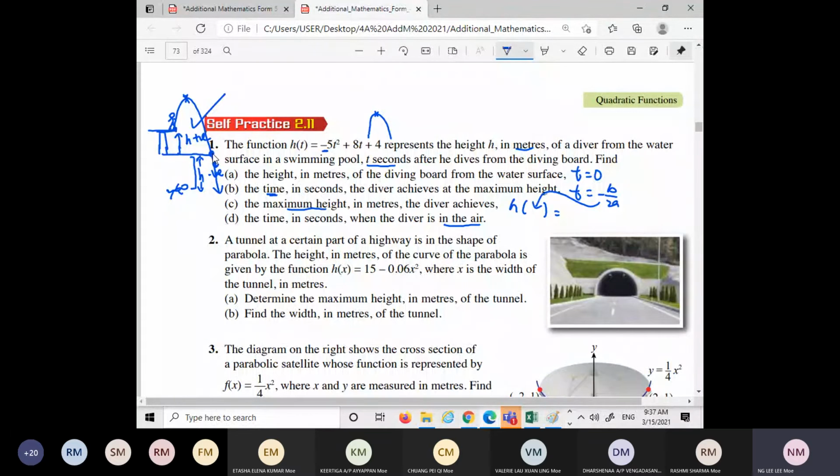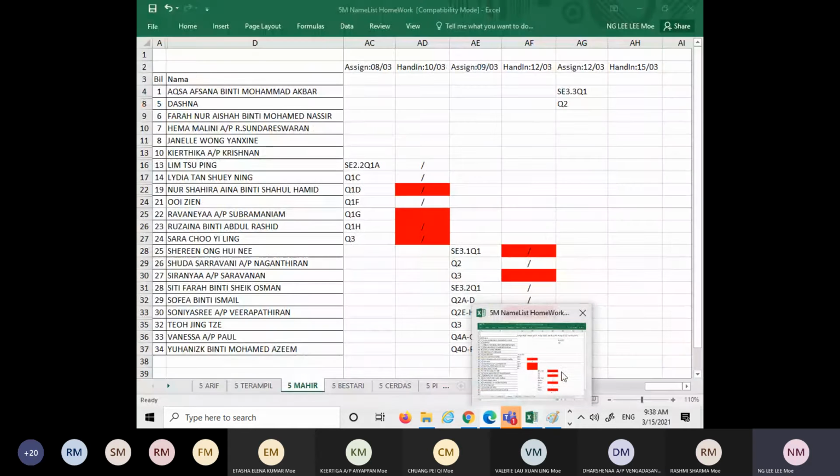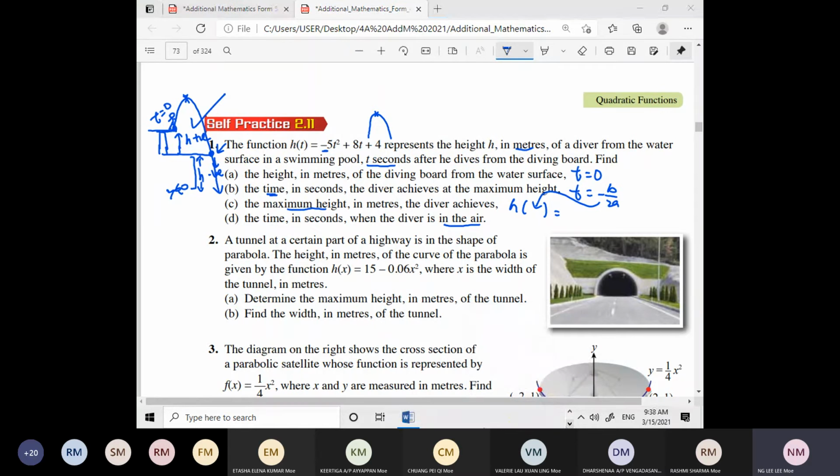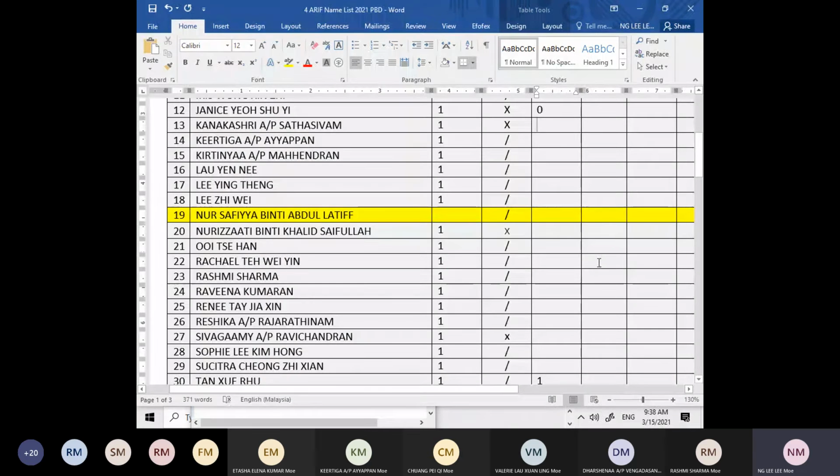So I want to know the time. I know the time starting from here is when t equals 0, so I need to find the time here. How to find the time here? I don't know whether my question is clear or not. How to find the time when the diver touches the surface of the water?